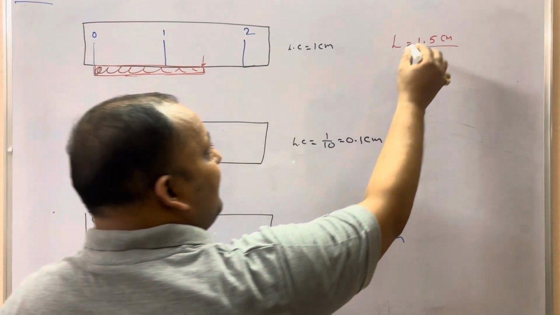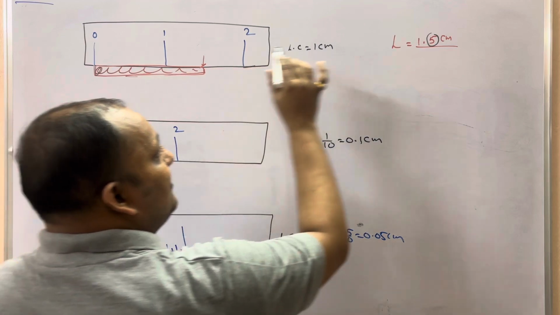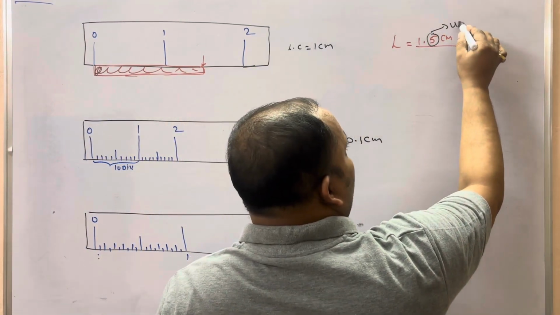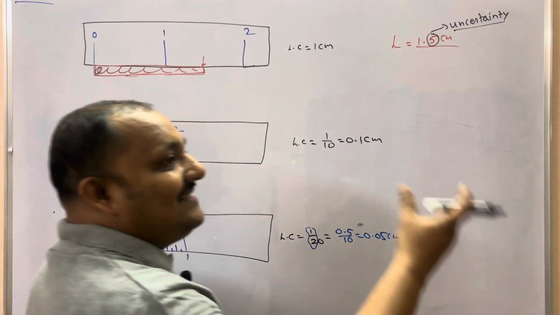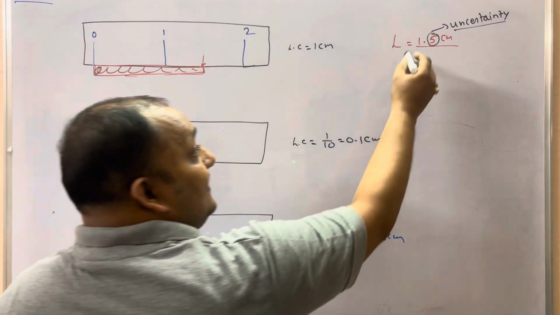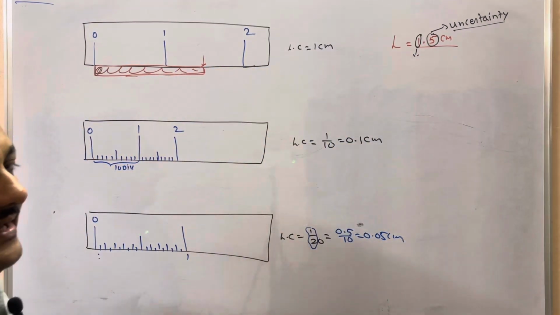How did this 0.5 come? You assumed it because it is between 1 and 2. So this assumed value we are calling uncertainty. The uncertainty in the measurement we are calling error. This is not error because this is exactly on the scale.